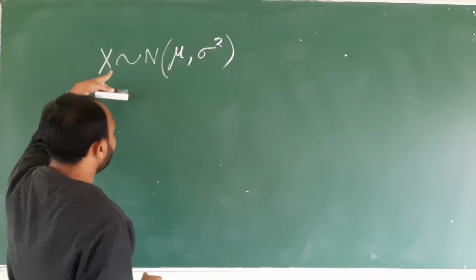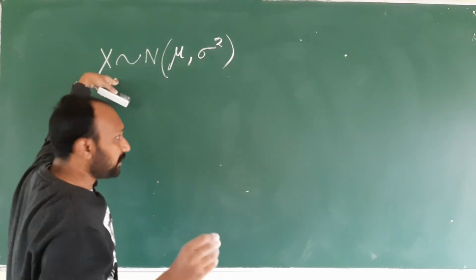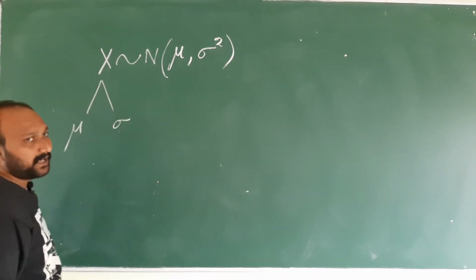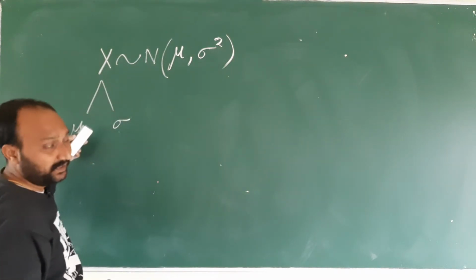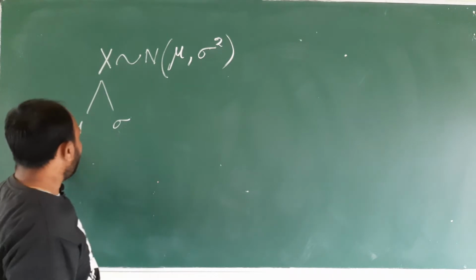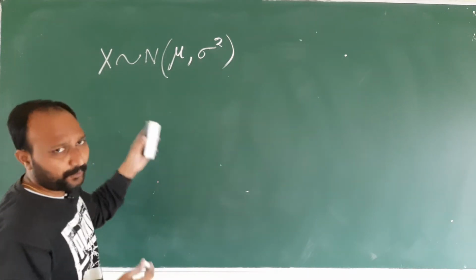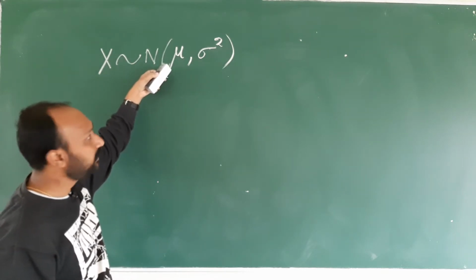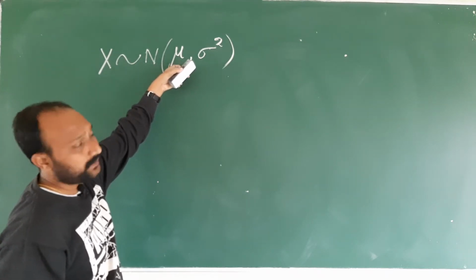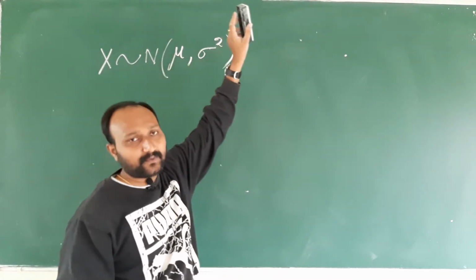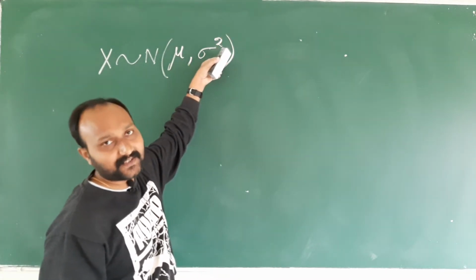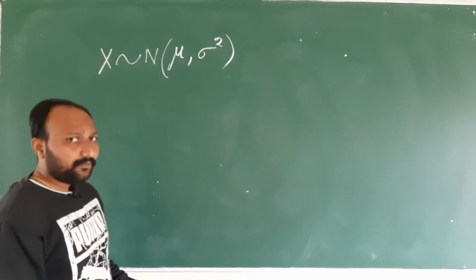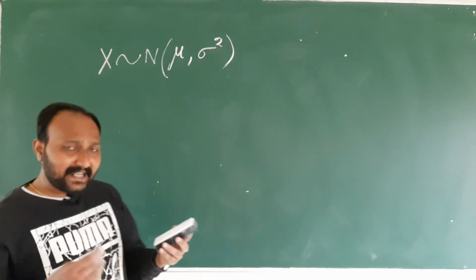So this normal variate X has two parameters, mu and sigma. Sigma is the standard deviation, mu is the mean. For our problems' sake we will represent it like this: X is a normal distribution with parameters mu and sigma square. What is sigma square? It is nothing but variance.